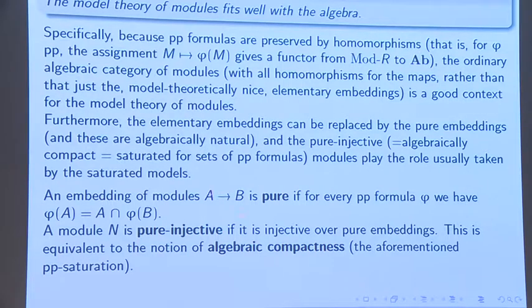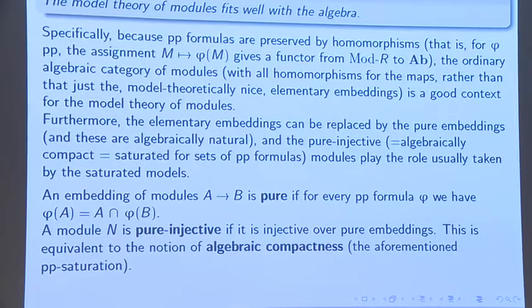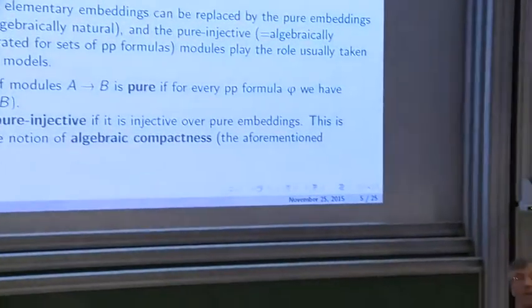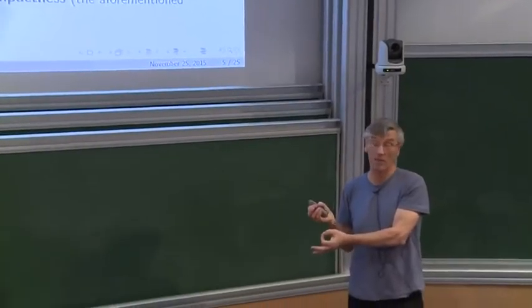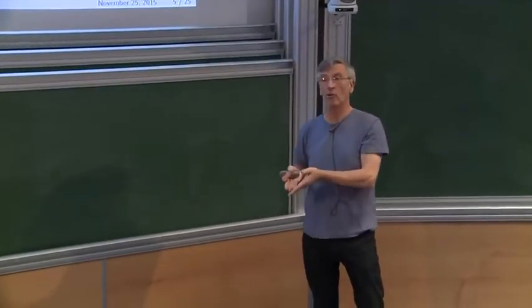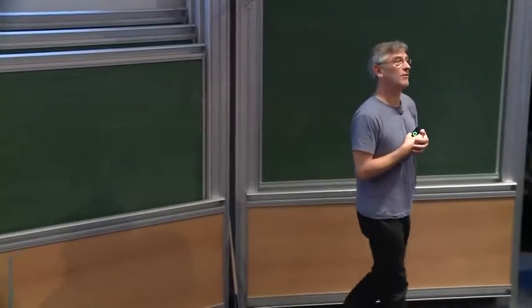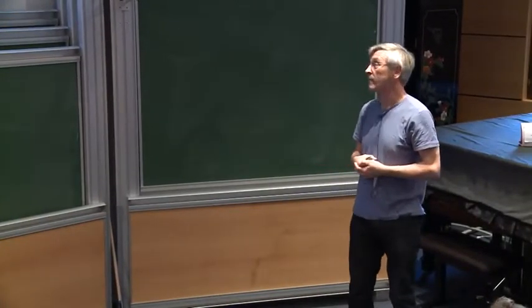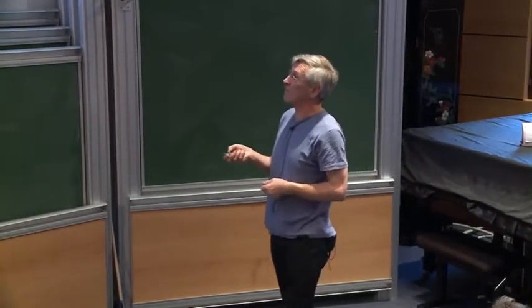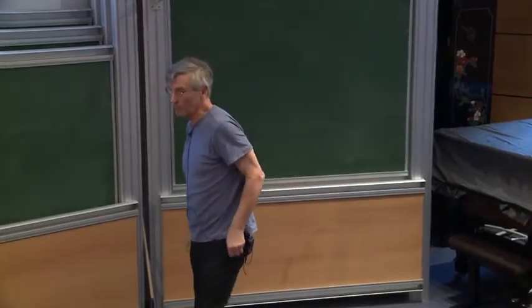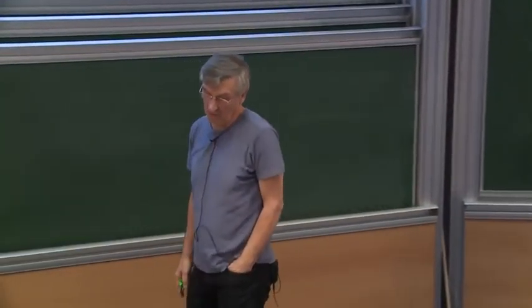It's either injective over these maps, or you take any filter of cosets of pp-definable subgroups, such that the intersection of finitely many is non-empty, then the intersection of the whole lot should be non-empty. So it's a kind of completeness property. It turns out that these pure injective modules are rather important in this context.